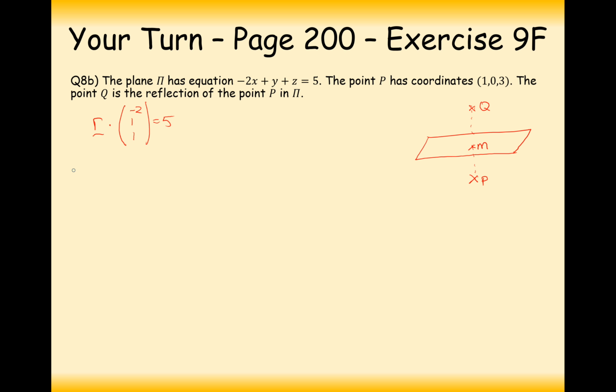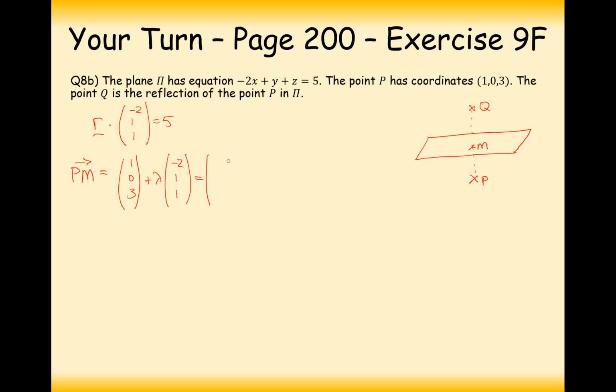So the equation of the line from P to M is going to be starting at the coordinate (1, 0, 3), and it's going to be plus lambda lots of the direction vector that's perpendicular to the plane, that's (-2, 1, 1).